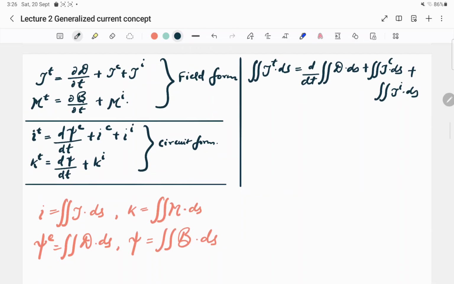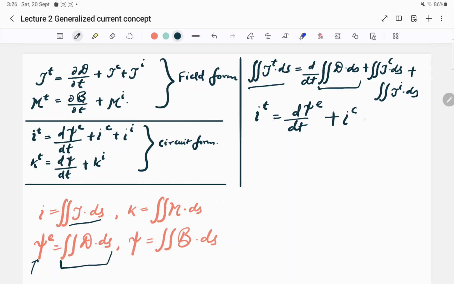So the left hand side becomes I total is equal to d over dt of the surface integration of D dot ds, which is electric flux psi, plus surface integration of J dot ds, which will be the conduction current Ic plus Ii, which is the source current, written over here.